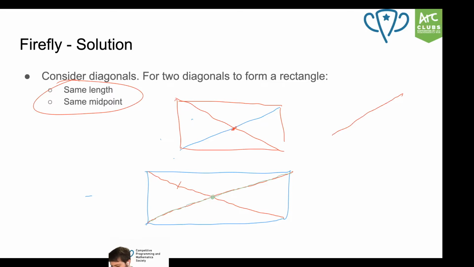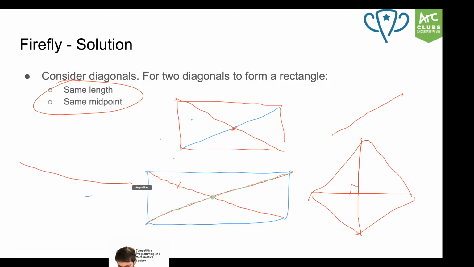But here's another example. Two lines that have the same length and share a midpoint form a rectangle. Based on the angle between the two lines, if the lines form a right angle like this, we'll have a square. If the angle is more like this, we'll have a very long rectangle. But it still forms a rectangle.